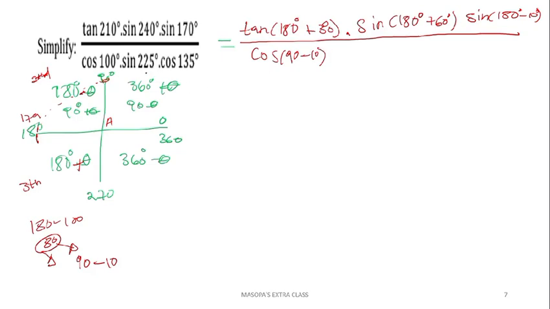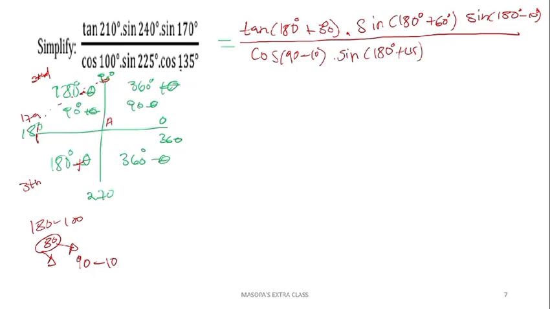Then sin 225 lies between where? In your third quadrant, and therefore you know the drill, sine of 180 plus. So 225 minus 180, you get 45. Then you see 180 plus 45, so that you can get 225.